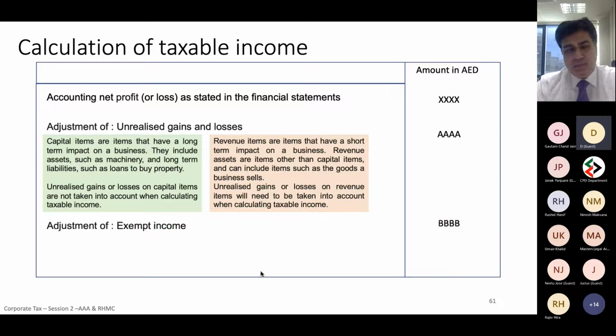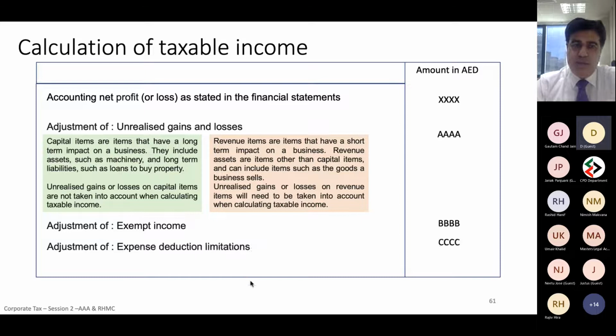Then there is some exempt income, that means income which is not taxable, so you make adjustments on that. There are going to be expenses where there are deduction limitations, or expenses not allowed. You have to make adjustments on that. And the last is loss limitations.